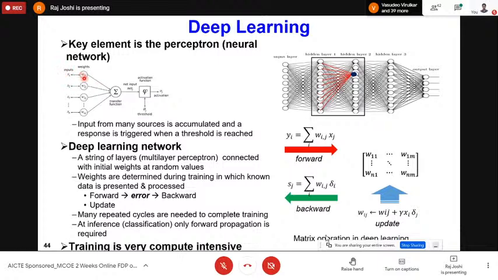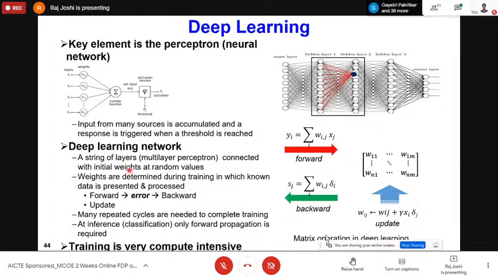Then there is an activation function, like ReLU or sigmoid, and then the training is done, and then you infer from it. So there are the input layers and the output layers, and hidden layers in between. There is a lot of data crunching here, from the forward path, and then there is a backward path.